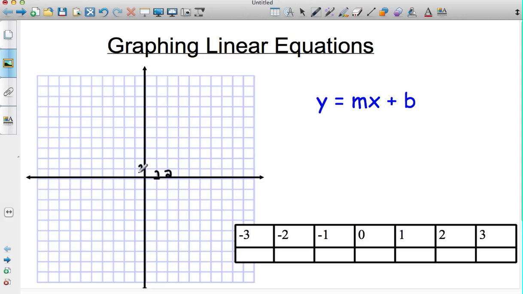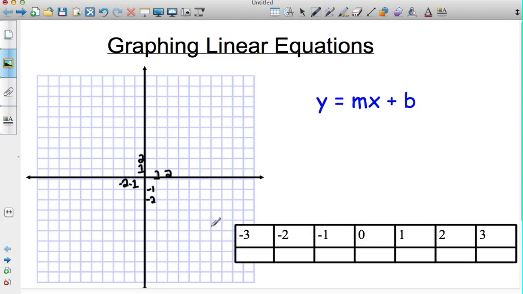Going up is a positive 1. The next one is a positive 2, and so on and so forth. Be careful you don't skip a line. Now these become negative 1, negative 2, and so forth. And lastly, this is a negative 1, negative 2, and so on down there.